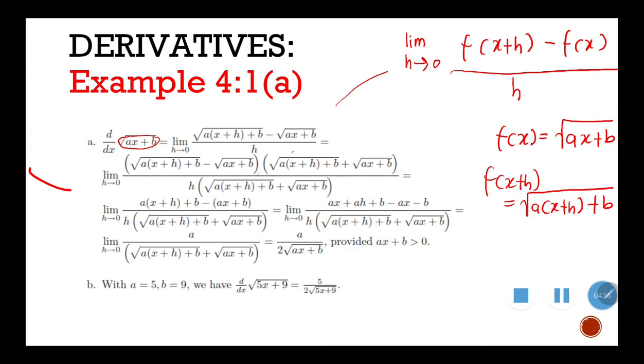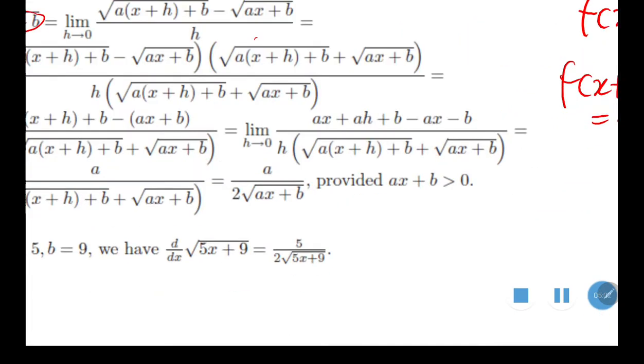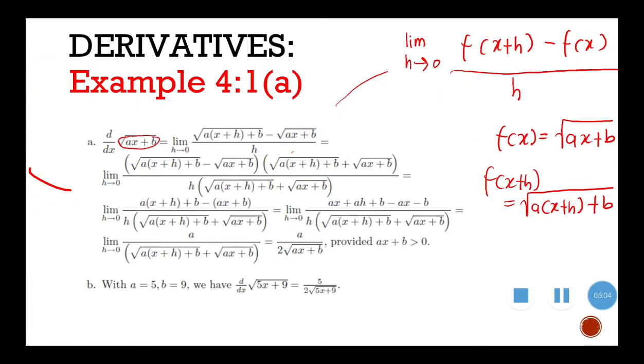Now we try to solve it using the conjugate method. For the conjugate, this part where it is negative will become positive here, and we multiply h with this value. As you can see here, this part is actually equal to 1.